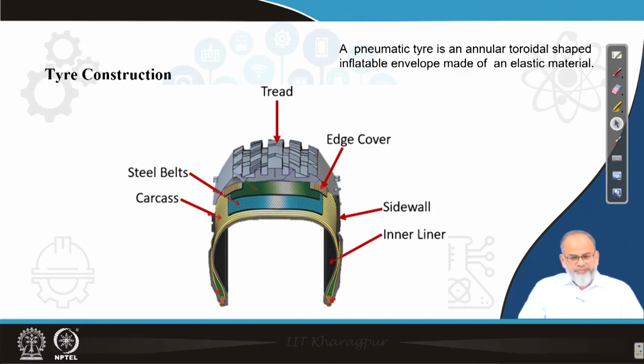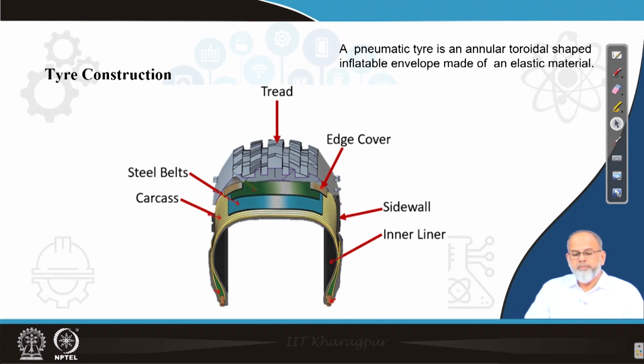There are different types of tires like bias ply tire, radial tire, bias belted tire, but all these tires have some common components like tread, then carcass, then beads, sidewall, and the last one is optional.